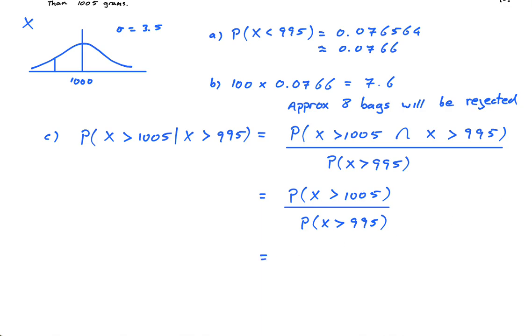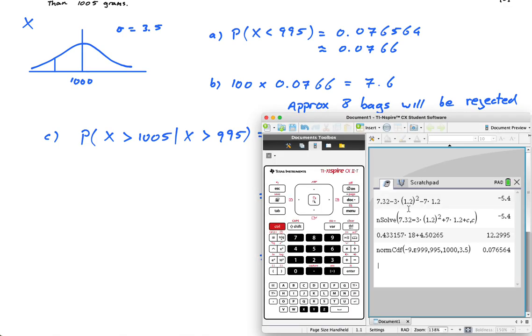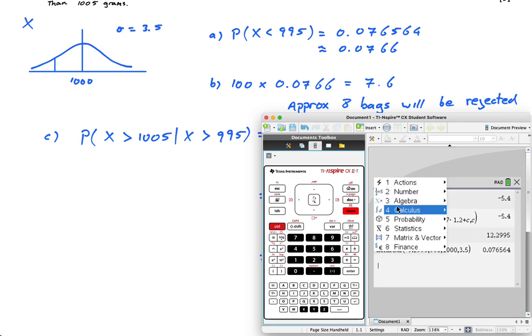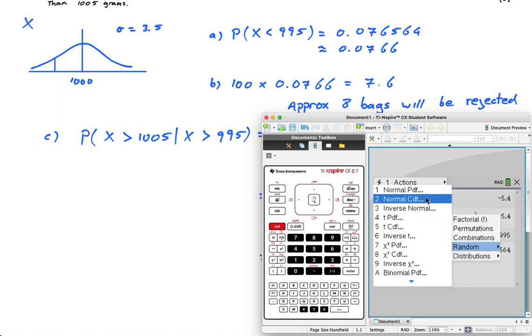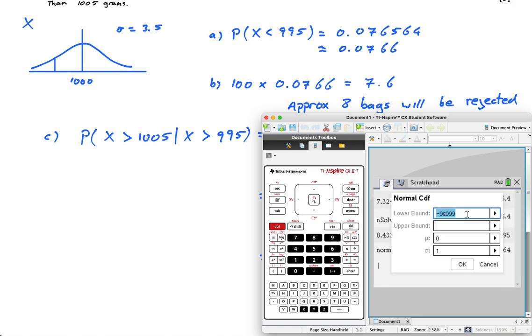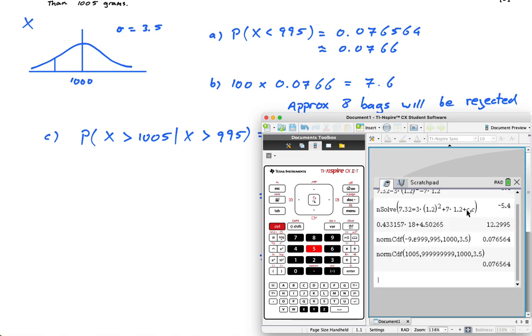Then this I'll do with my calculator. Menu, probability, distributions, normal CDF, bigger than 1005. Upper bound is just infinity, I'll just put 99999, 1000, 3.5, and I get 0.076564.